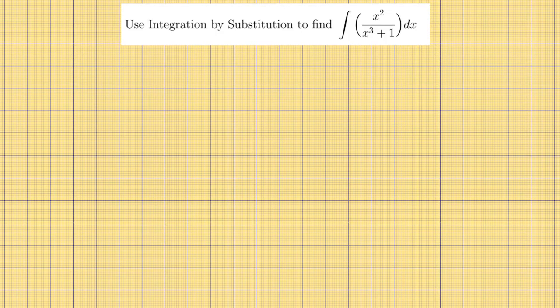Let's do another one. Use integration by substitution to find the integral of x squared over x cubed plus 1 dx. The parent function in this case is x cubed plus 1. So make that equal to u. So we get u equals x cubed plus 1. So du over dx is equal to 3x squared.